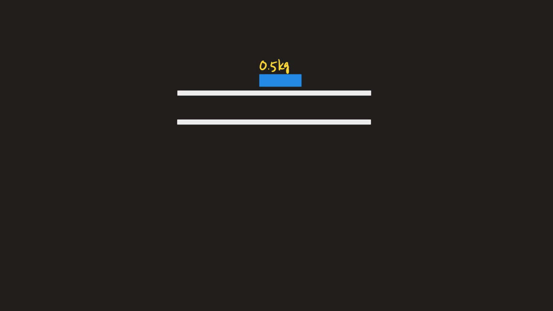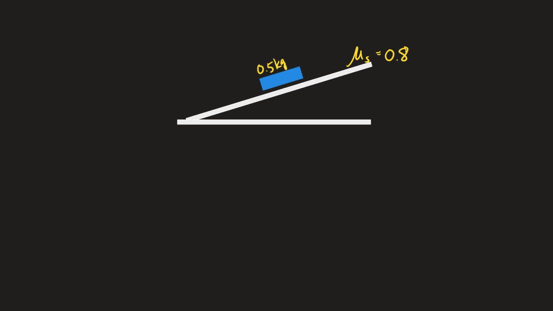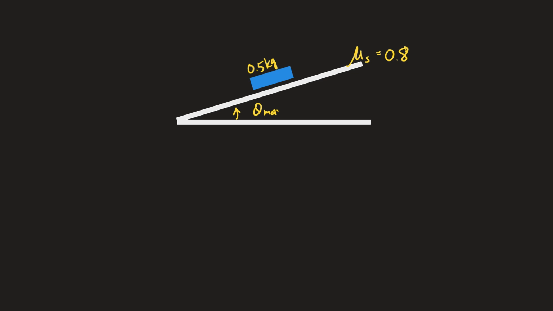And let's say that there's a coefficient of static friction of 0.8 between the calculator and the book. And we're going to start to tip the book upwards. What is the maximum angle I can have the book before I break static friction?